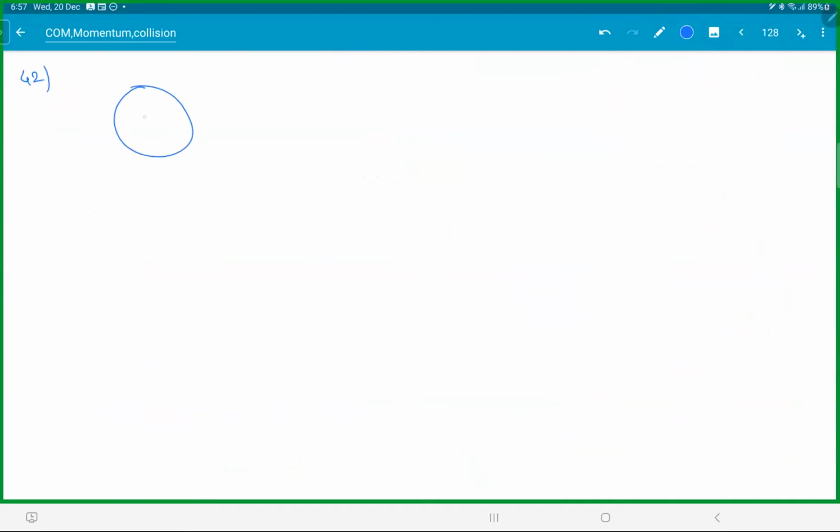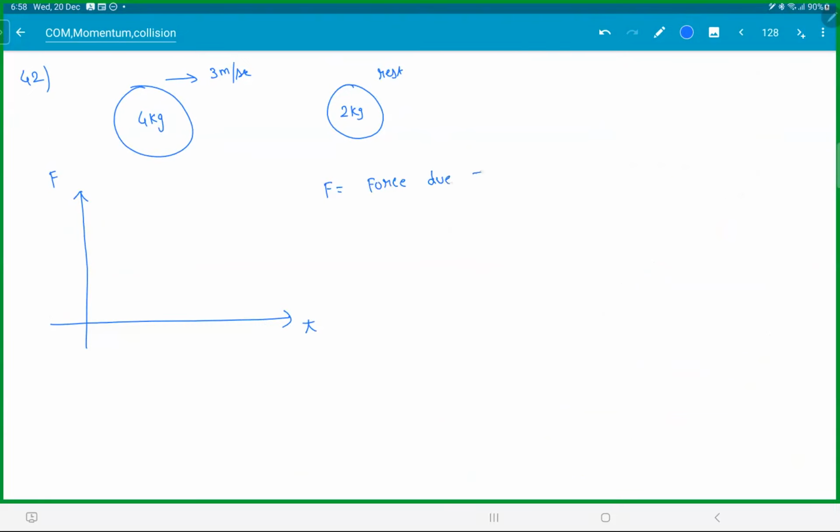Let's say we have a 4 kg body here going with 3 meter per second. Let's say this is 2 kg, at rest. Here F is the force due to collision on the 2 kg block.